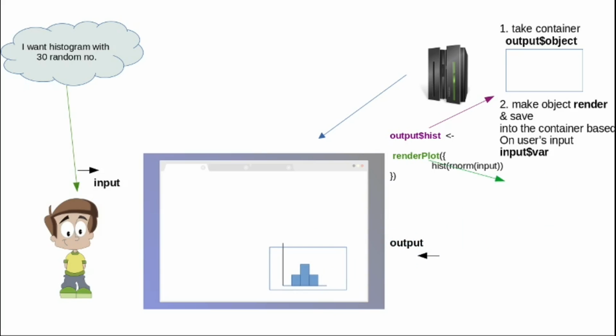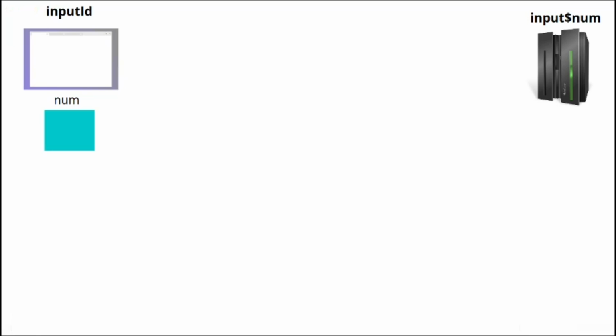You just need to type input dollar sign and the variable name. The Shiny package automatically makes it reactive for you. You don't need to write extra code. Let's see how it works. Whenever you give the input ID, you put the variable name.